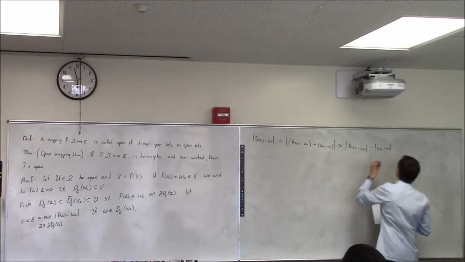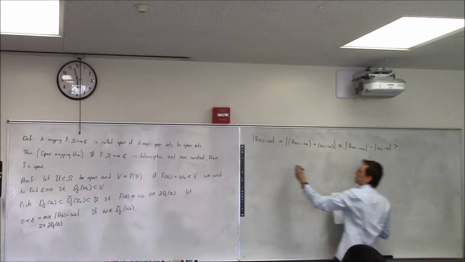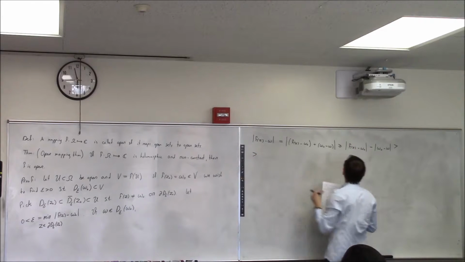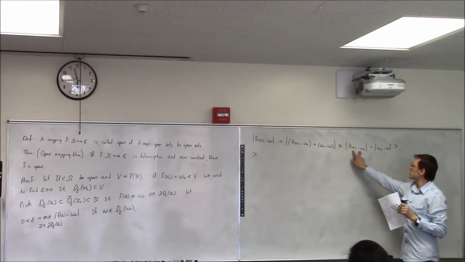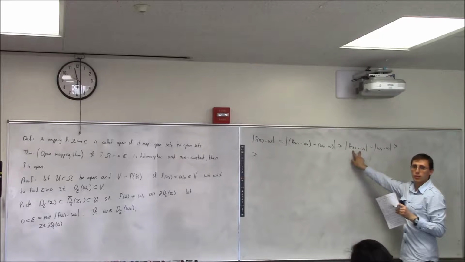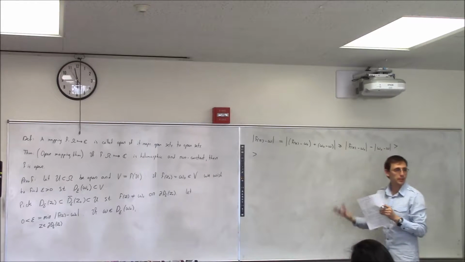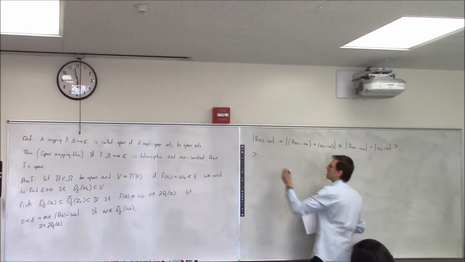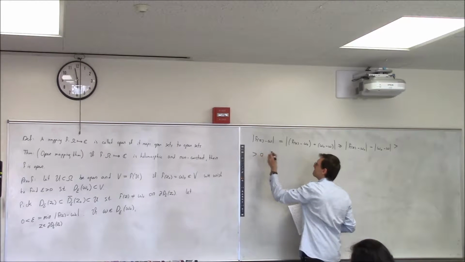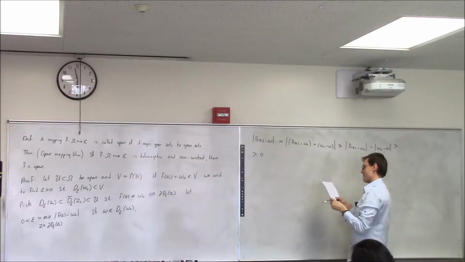Which is bigger? So this part is what? This part is bigger than or equal to epsilon. You agree? And this part is strictly smaller than epsilon. So this is strictly bigger than 0. It's bigger than 0. Okay?